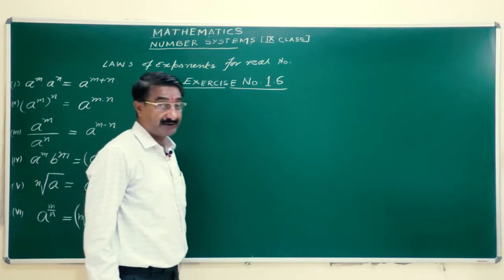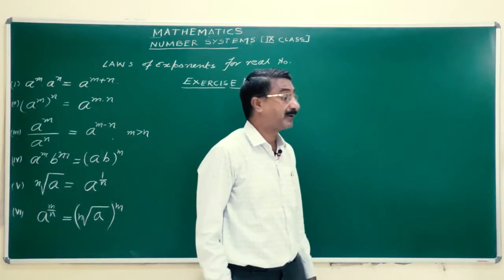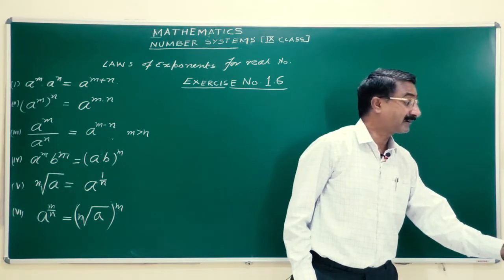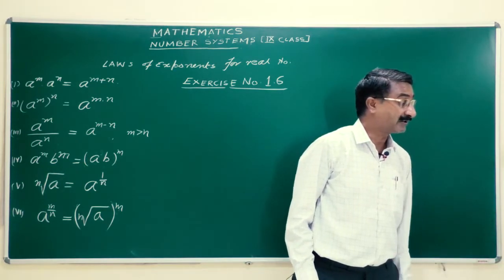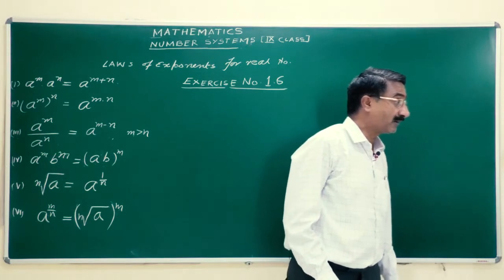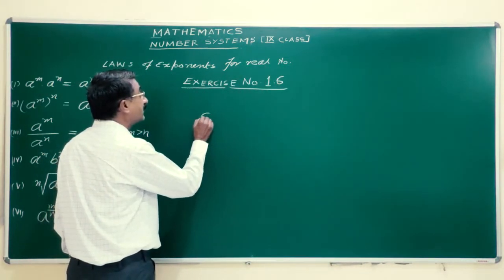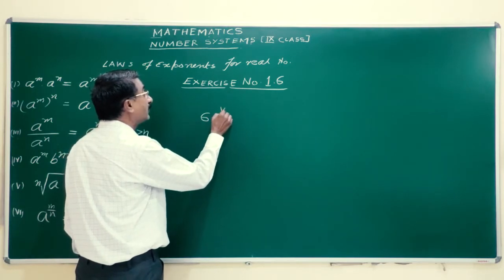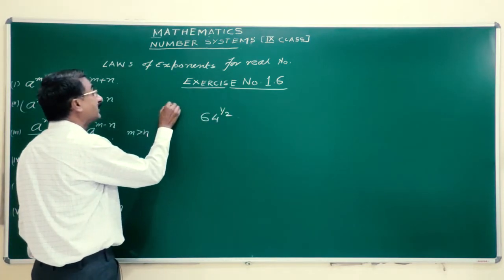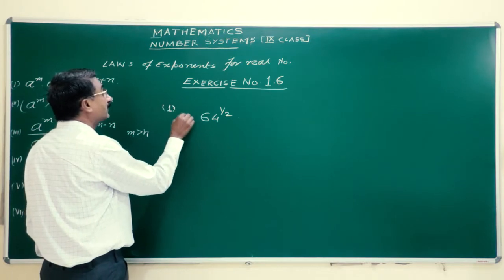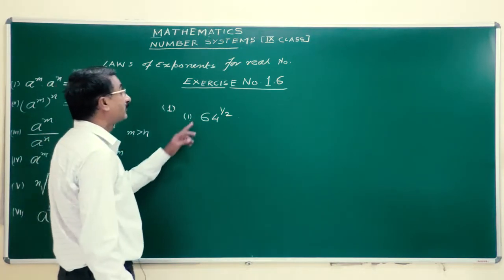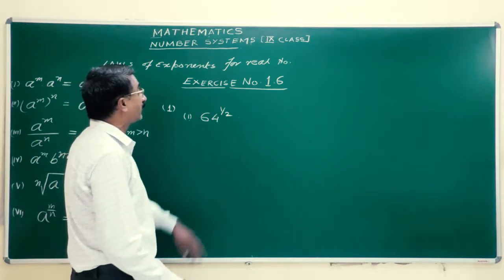So that is the NCERT book, exercise number 1.6. We will take examples one by one. First one, that is 64 raised to the power 1 upon 2. That is question number 1, first part.